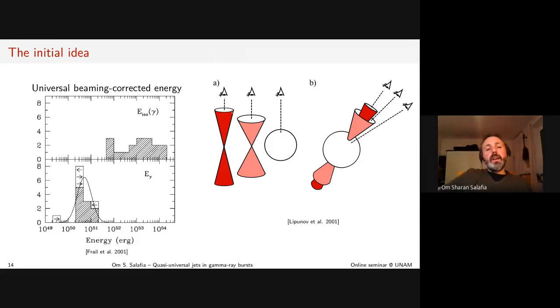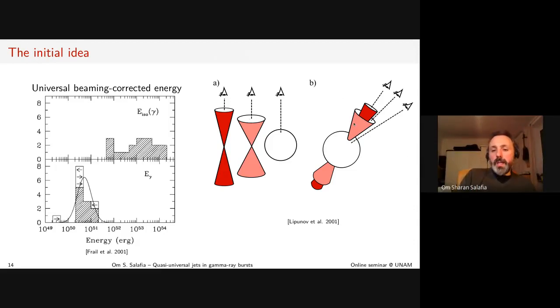Either you have a universal energy reservoir, but you have a differing degree of collimation between different sources, and so the ones with the larger opening angle have a lower isotropic equivalent energy content.